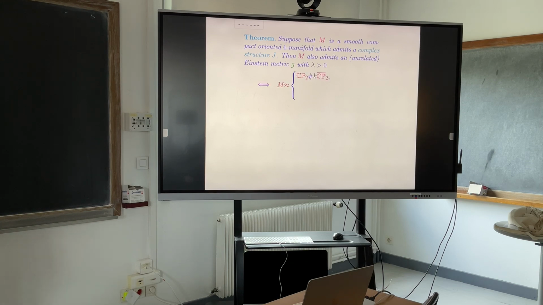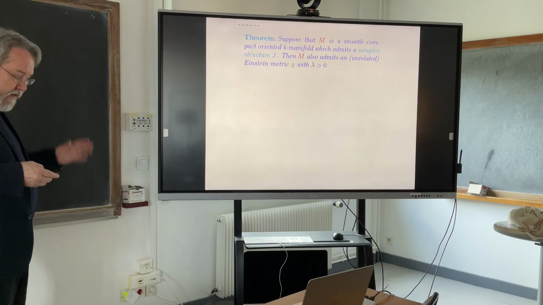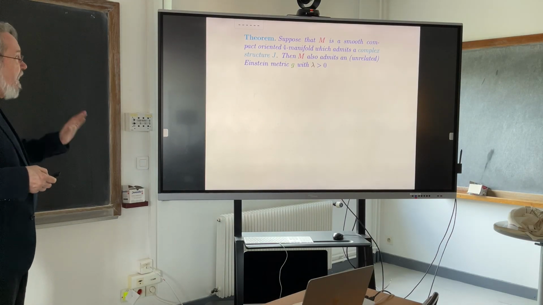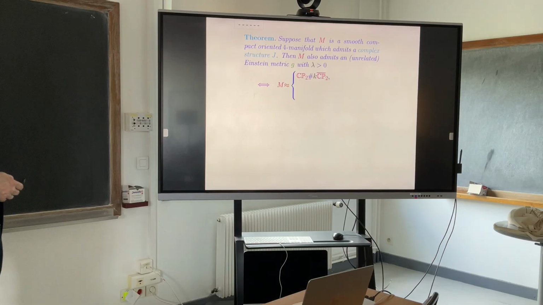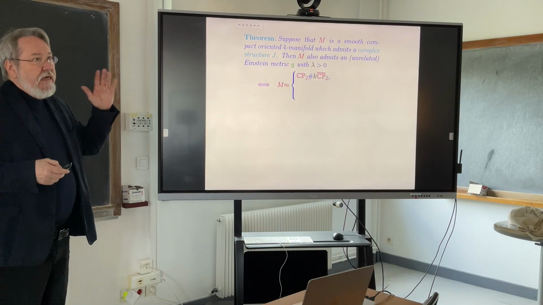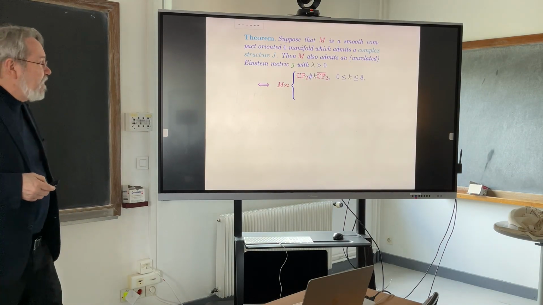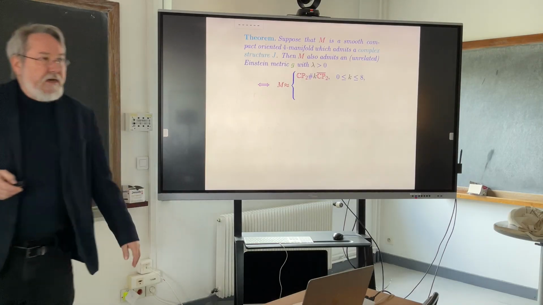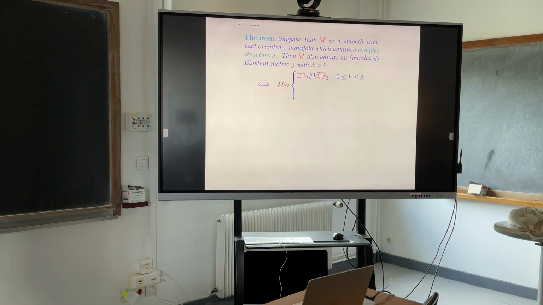So if you have a complex surface that admits an Einstein metric, which doesn't have to have anything to do with the complex structure, then if it has a lambda positive Einstein metric, this can only happen for a certain list of manifolds, and that list is a complete classification. The possibilities are a connected sum of CP2 and k copies of CP2 bar, where k is between 0 and 8, up to diffeomorphism.